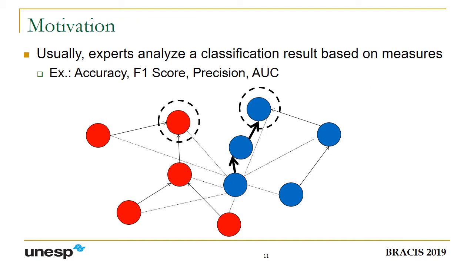So usually when analyzing the results of the OPF classifier or any other classifier, we can employ some measures like accuracy, F1 score, precision, area under curve, ROC analysis, and others.